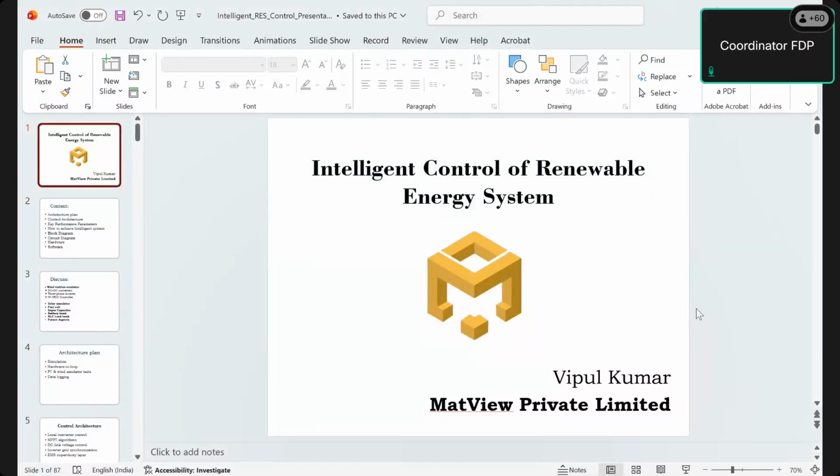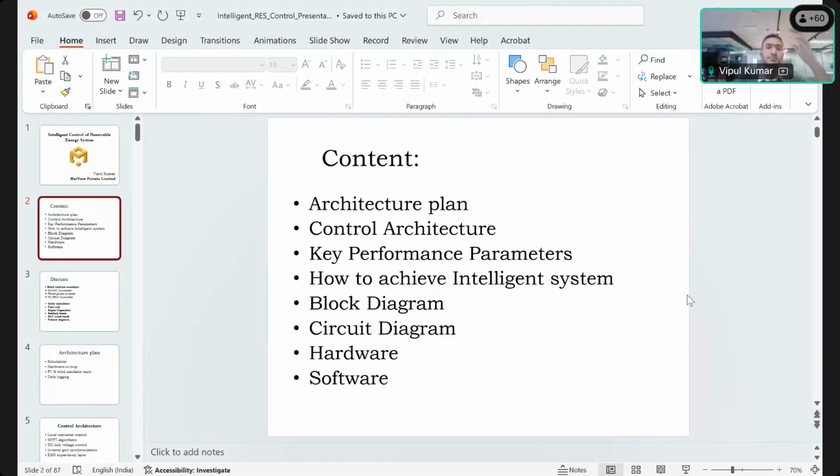Okay. So, good evening, everyone. I am Vipul Panchal, and today we will discuss intelligent control of renewable energy systems. These are some points which we are going to discuss, like what would be the architecture, and what would be the controlling architecture software, then the important parameters like MPPT, the inverter control and the closed loop control of current.